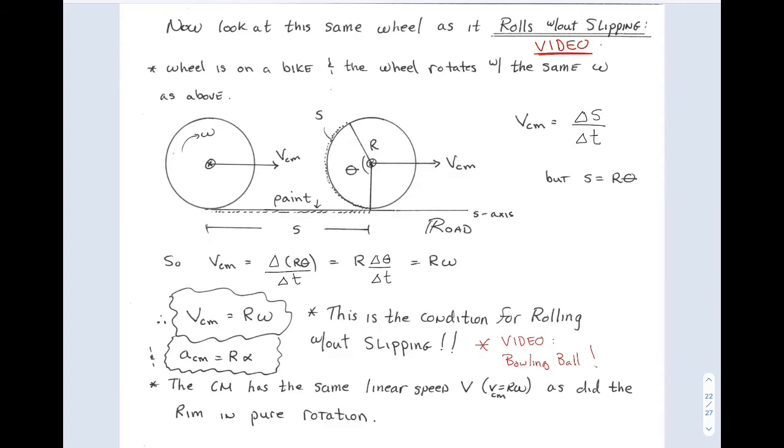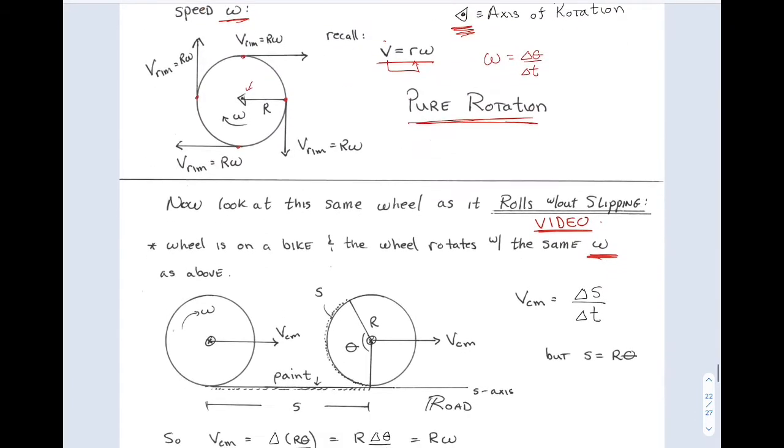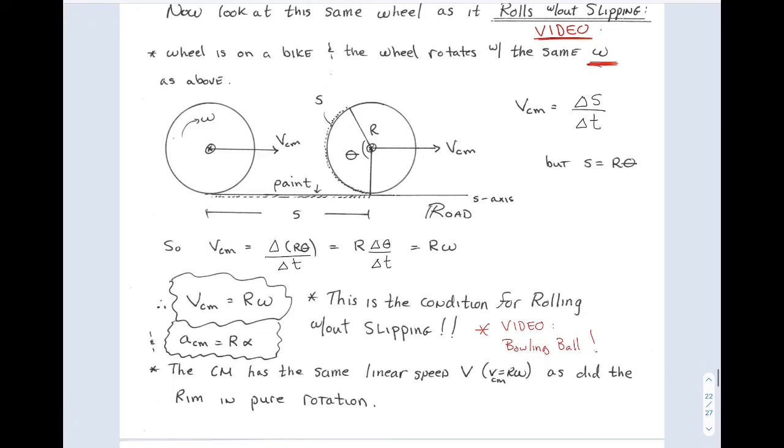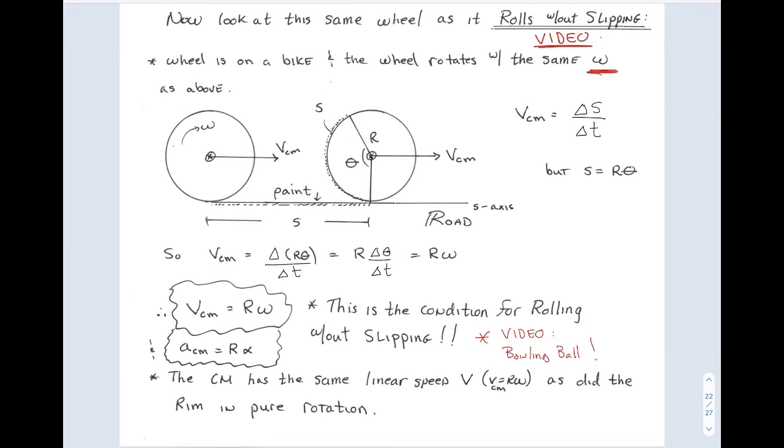This is just a bike wheel, and it's going to rotate with the same angular speed as in this picture. Let's say I gave this thing a spin with my hand, and whatever the spin rate, I'm now going to roll it on the floor with the exact same spin rate.